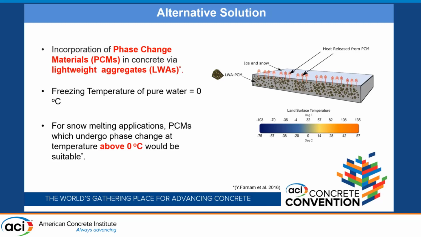So for snow melting applications, we can incorporate the PCMs inside the concrete, and they can go through phase change at temperatures above 0 degrees Celsius. That's greater than 0 degrees Celsius, and it will keep the concrete deck warm. As a result, we can melt the snow in a natural process.